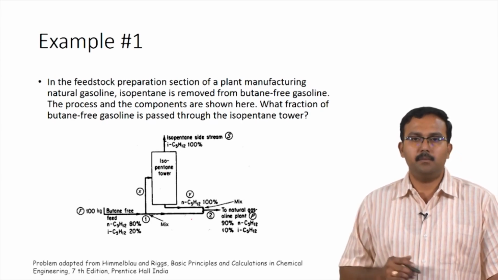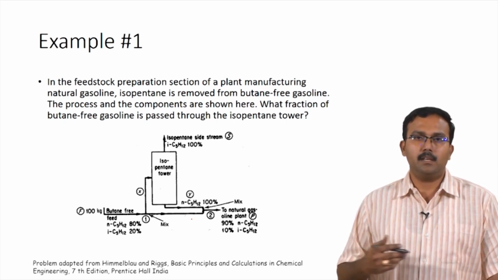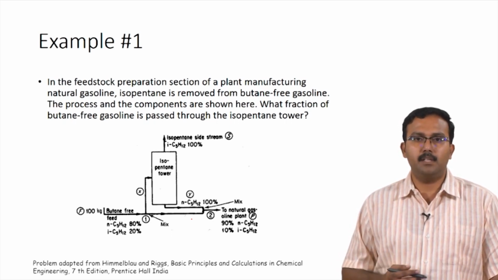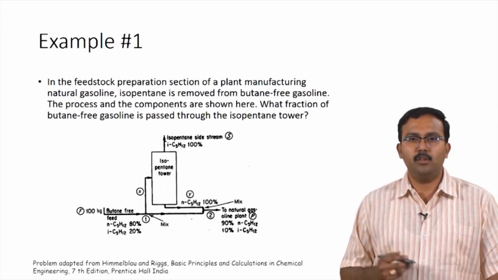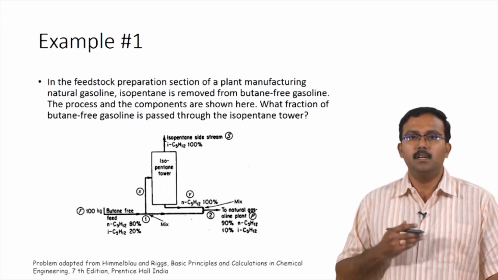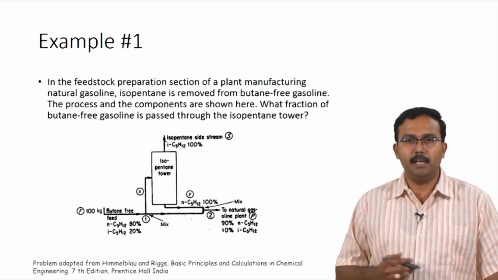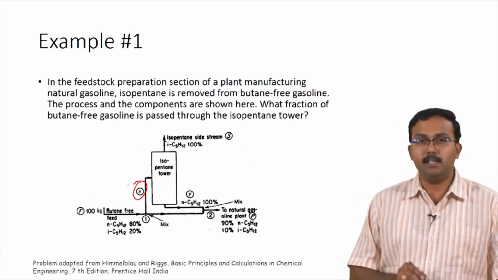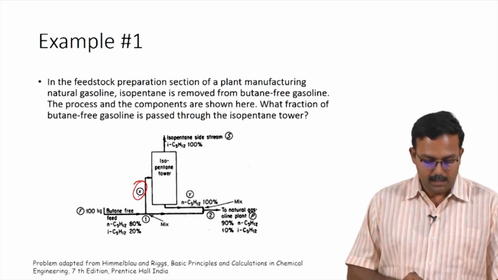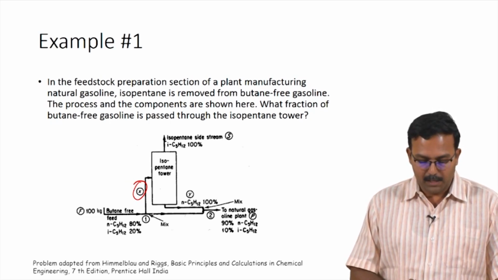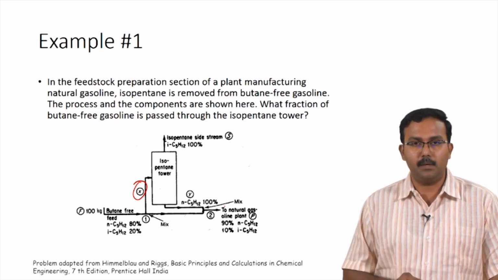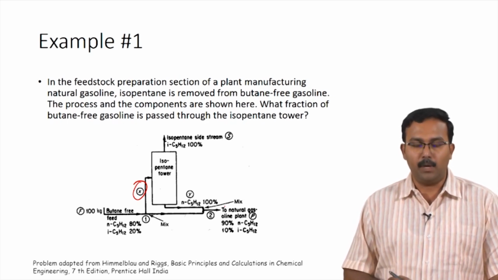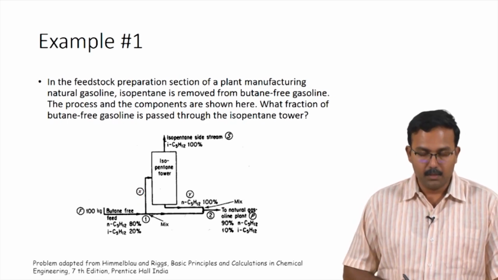Now, taking this flow chart into account, let us perform the material balance calculations to calculate the fraction of butane free gasoline which is passed through the isopentane tower. For this, we need to know what fraction actually enters into the isopentane tower, which is x, and also how much skips the isopentane tower. So, let us perform the required calculations to get these values.